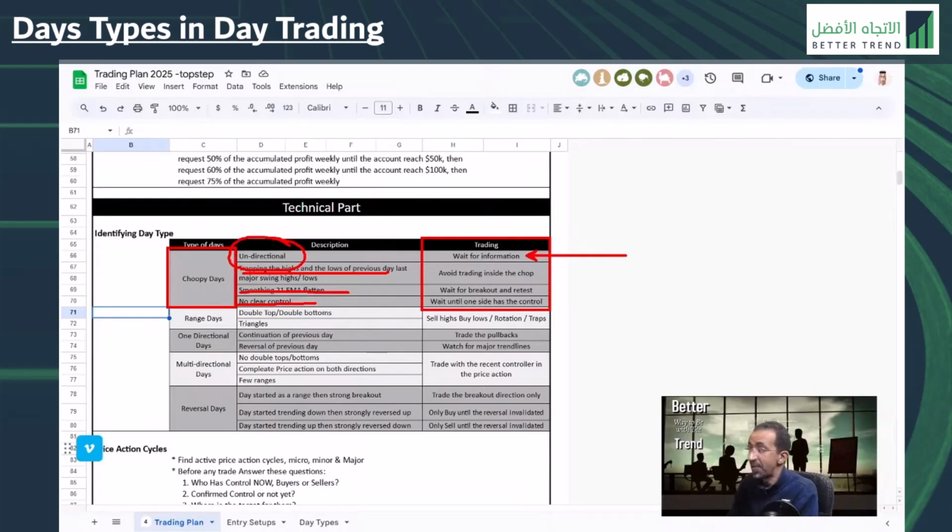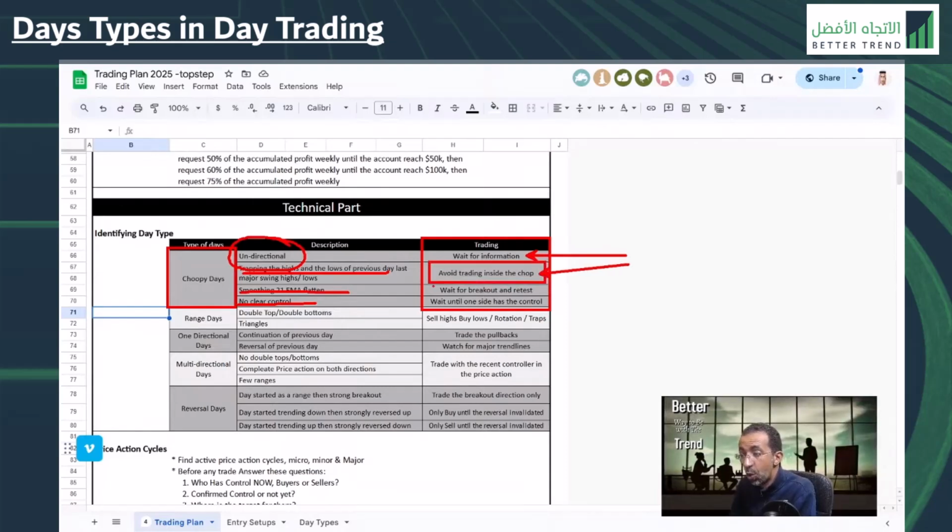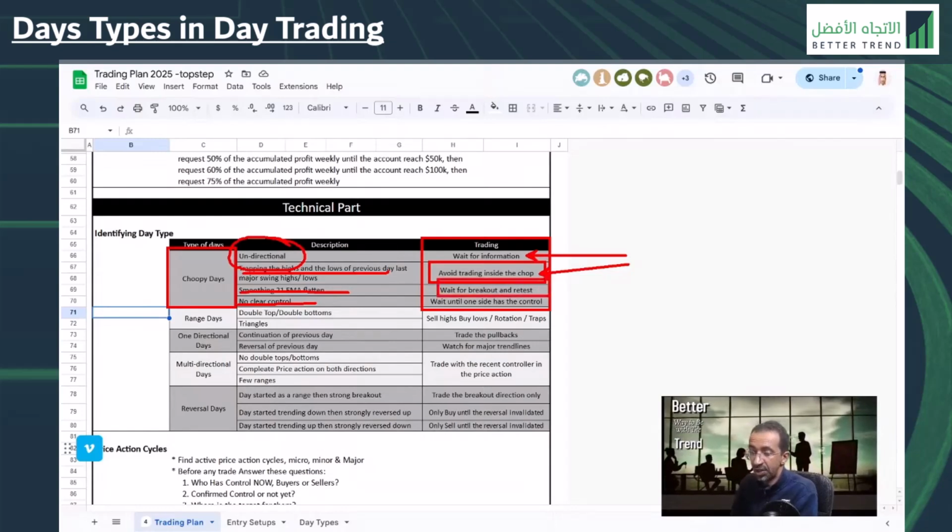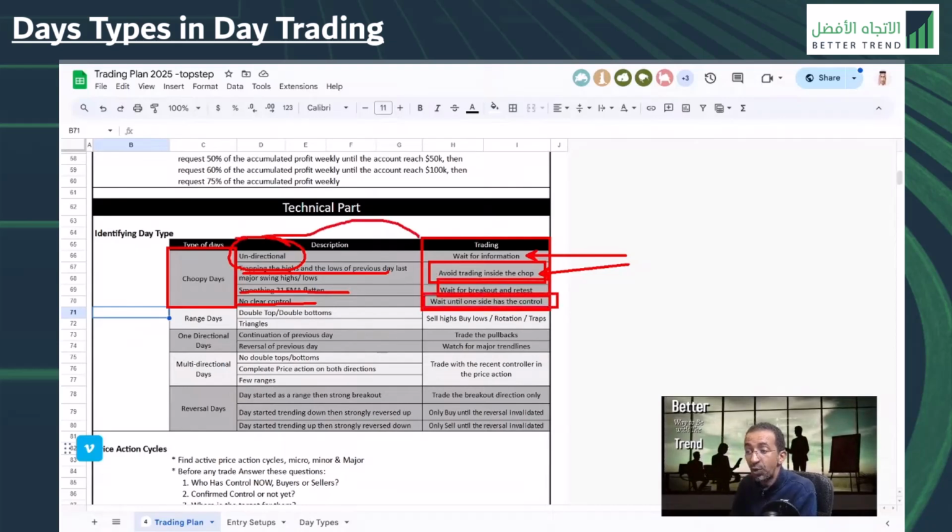Maybe you don't trade. Maybe you find yourself not trading this day. Avoid trading inside the chop. Wait for a breakout and retest outside the chop area. Wait until one side has control. So clearly you need to define where the chop area is.